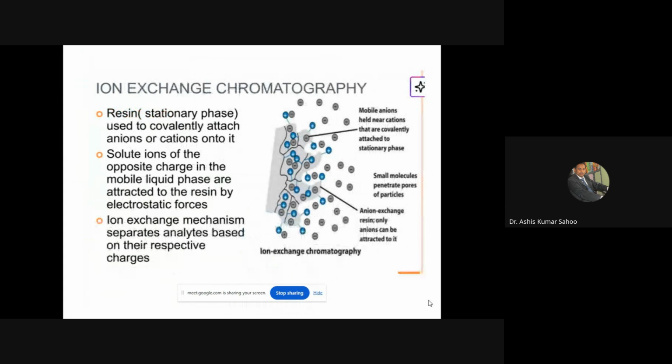The resin stationary phase has covalently attached anions or cations. Solute ions of the opposite charge in the mobile liquid phase are attracted to the resin by electrostatic force. So in the ion exchange mechanism, one ion attracts another. Here you can see a positive charge and a negative charge. Mobile anions are held near cations that are covalently attached to the system.